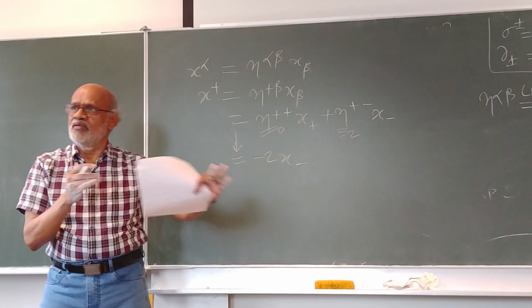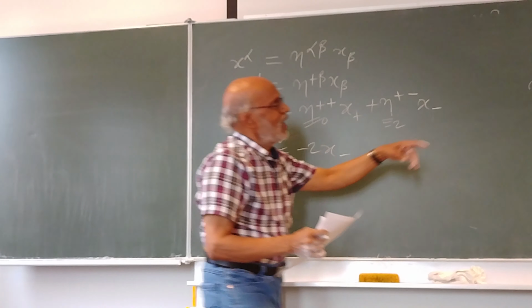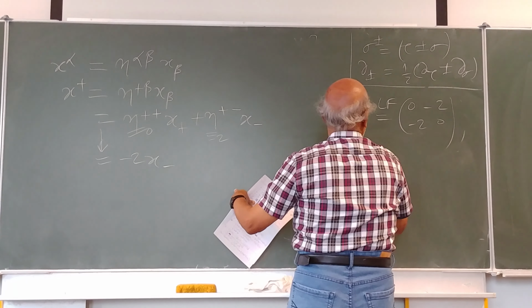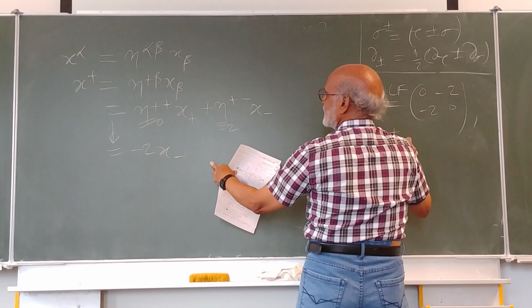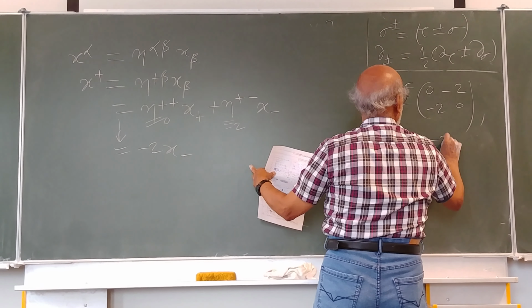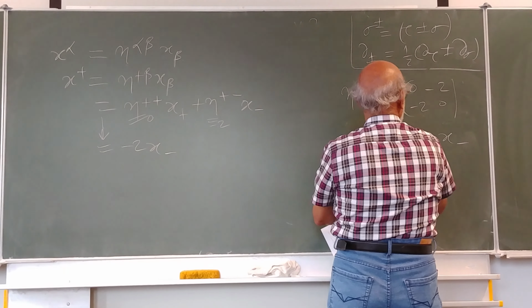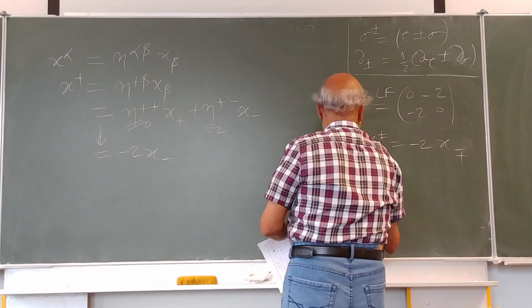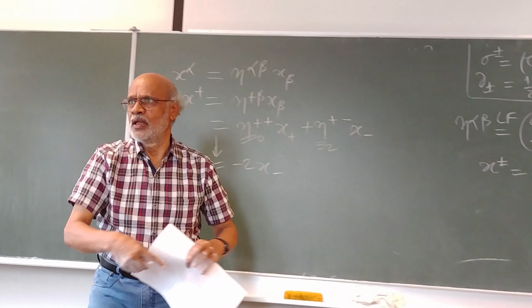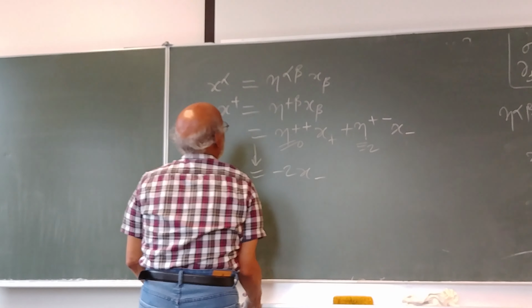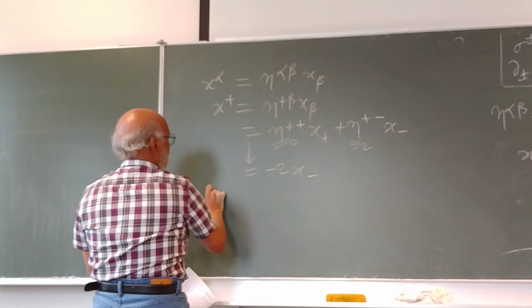So whenever you work with instant form or light front, one must work out what your conversion is. So x plus is minus 2 x minus, then x minus would be this. You can prove the other one just using the raising and lowering operator. Now let us have a look into the other one.